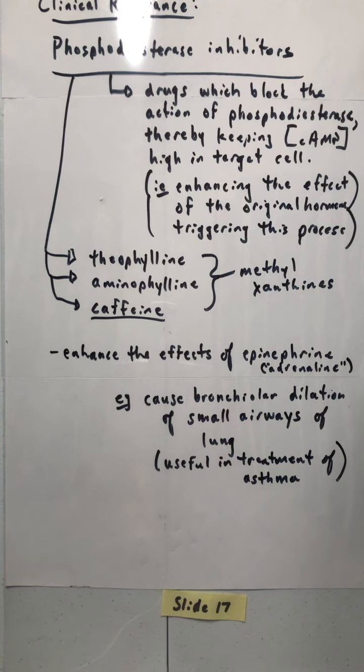And as a result of blocking that enzyme in erectile tissue, it keeps cyclic GMP levels high in those tissues, which relaxes blood vessels and allows more blood to flow into those erectile tissues. So it's a way of treating erectile dysfunction, and it utilizes our knowledge of second messenger systems, in that case, the cyclic GMP second messenger system.